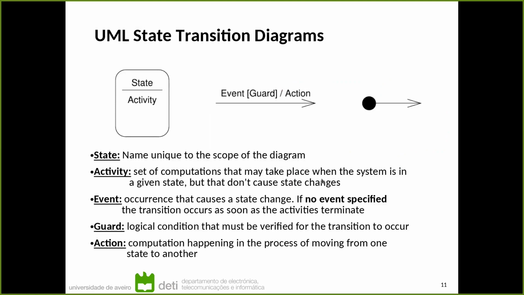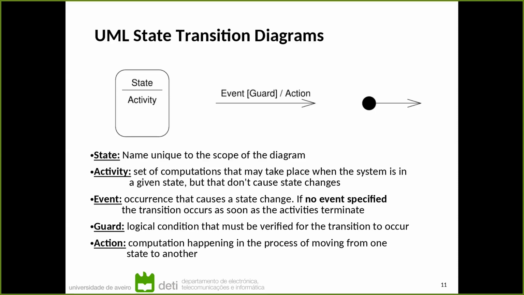The readings that you were proposed were about UML state transition diagrams. These are the representation of state machines in the Unified Modeling Language, and they rely on these five concepts.